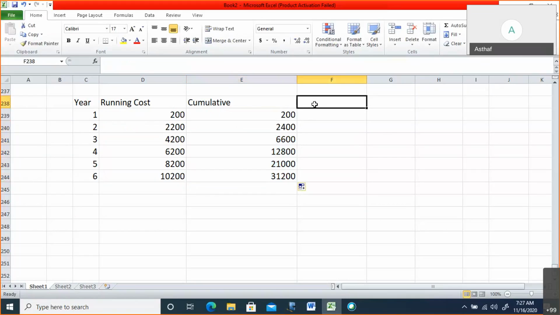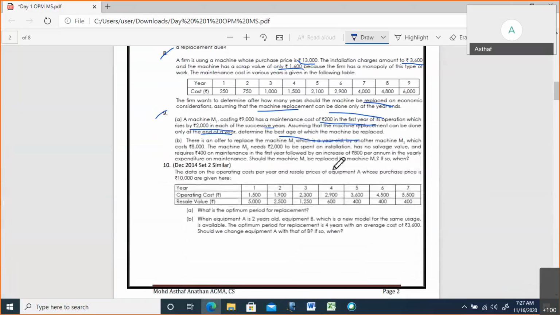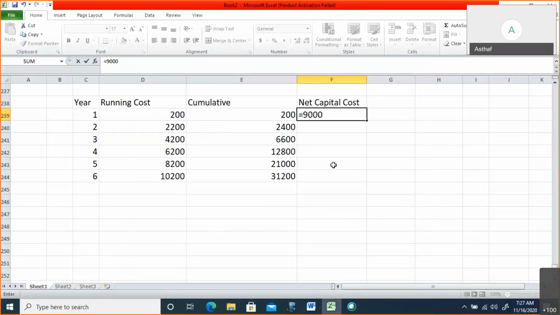Now what is next? You are correct, my dears. Cumulative is over. Now net capital cost is very important in this question. What is your purchase price? 9,000. Is scrap value mentioned or not mentioned? Scrap value is not mentioned. If scrap value is not mentioned, we'll assume 0.